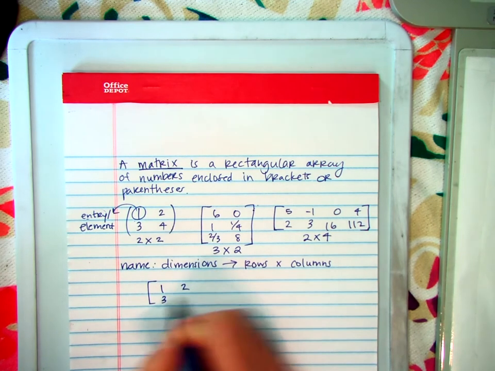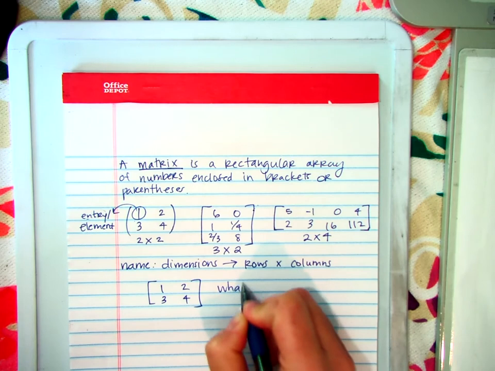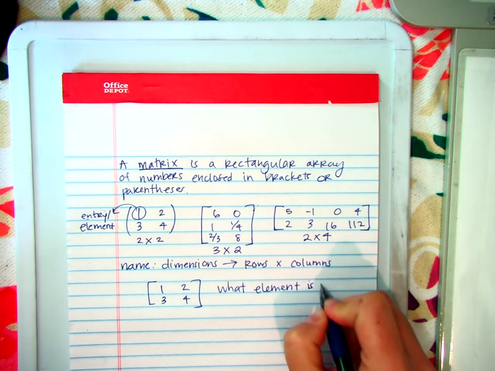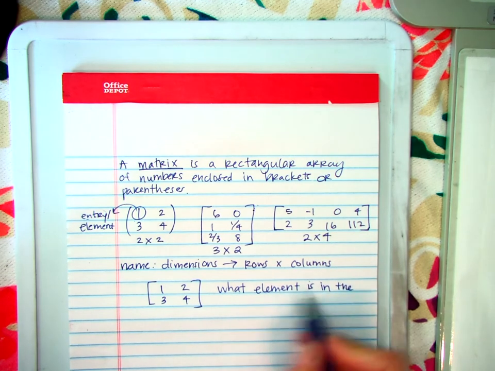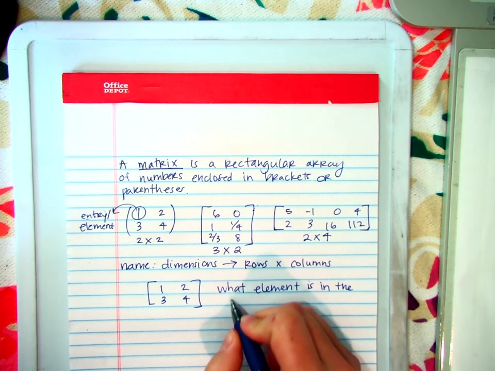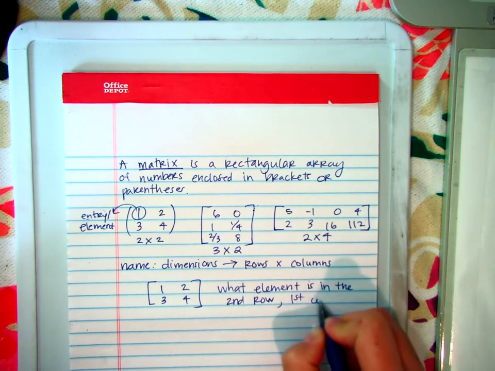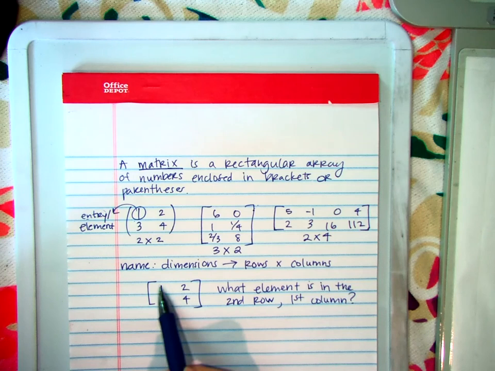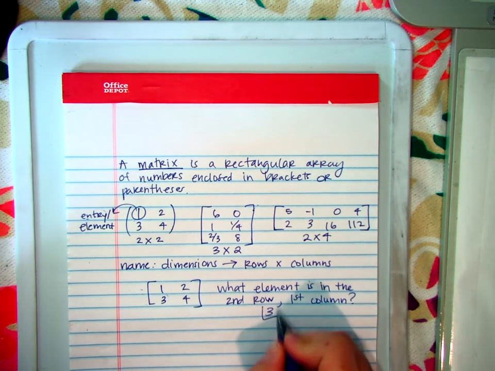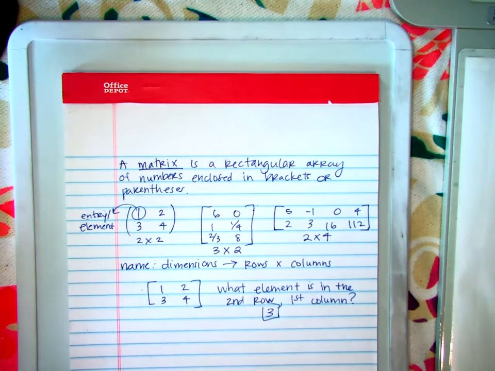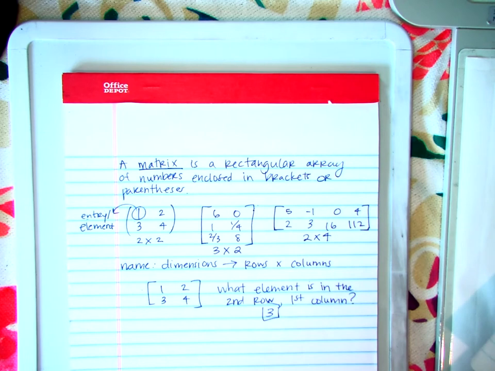A common question could be: what element or entry is in the second row, first column? Here's row 1, here's row 2. Second row, first column, so that would be the number 3. That's the entry or the element in this spot. Just being able to read a matrix and understand what's happening is useful.